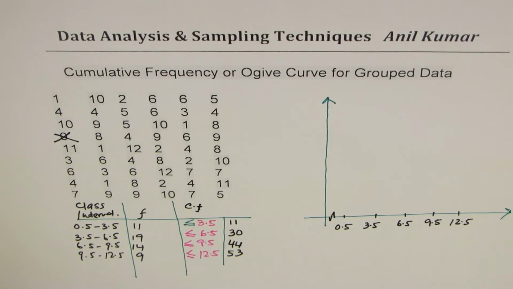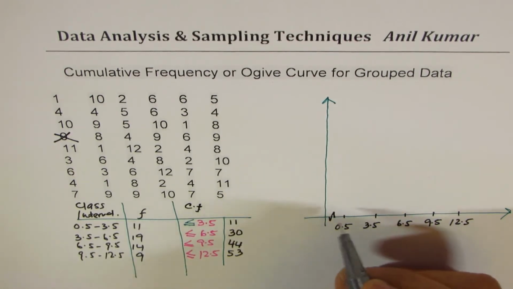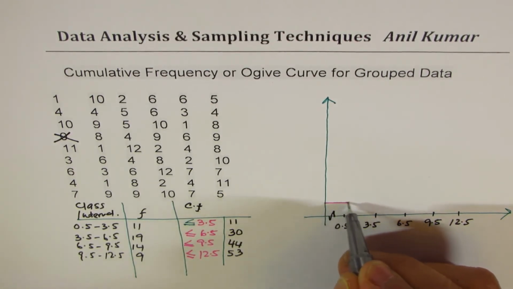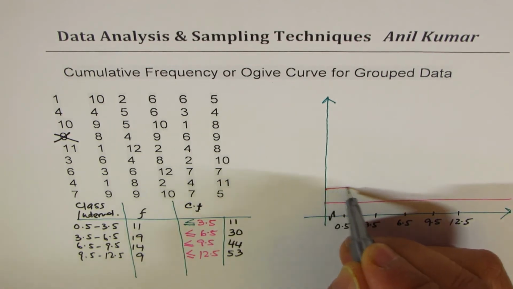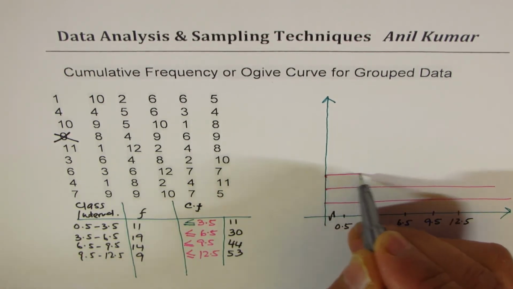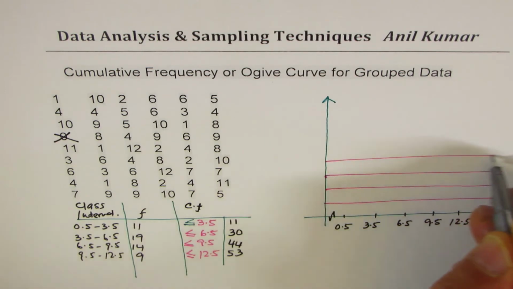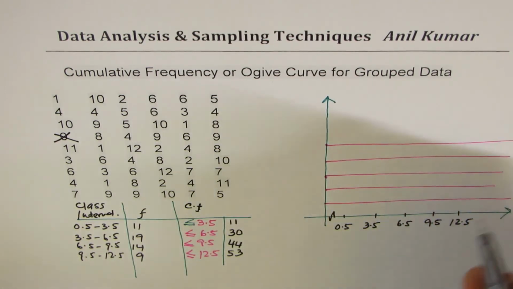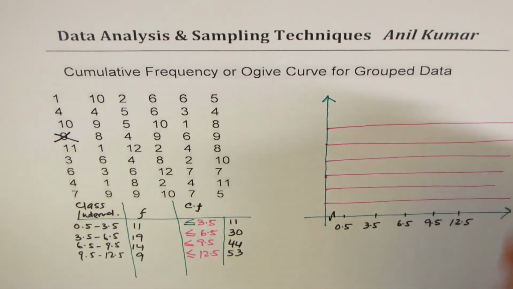So we are going up to 50. Let me just sketch in tens. I'm making a rough scale here: 10, 20, 30, 40, 50, and 60.